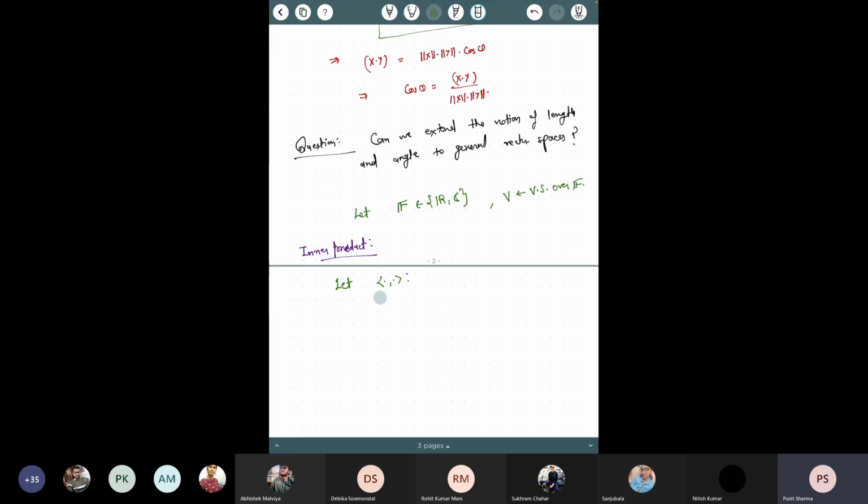This is just a notation for a function, a function from V cross V to F. Okay, this is a scalar valued function because the codomain is F here. So it's just a function from V cross V to F. Now this function is called an inner product.